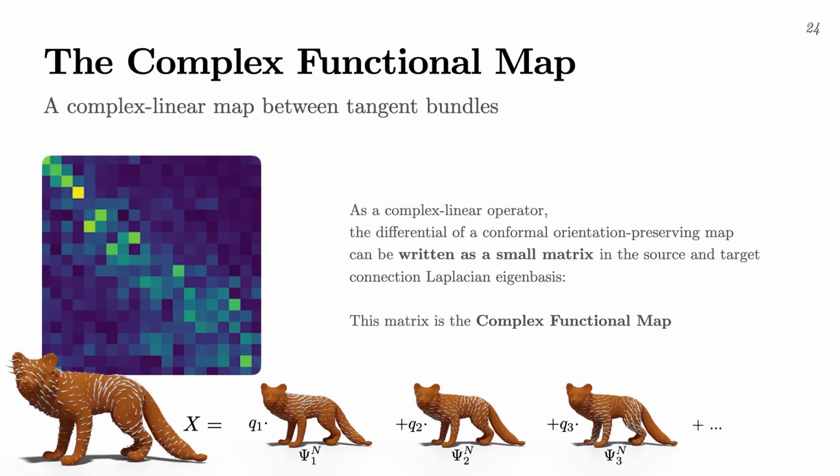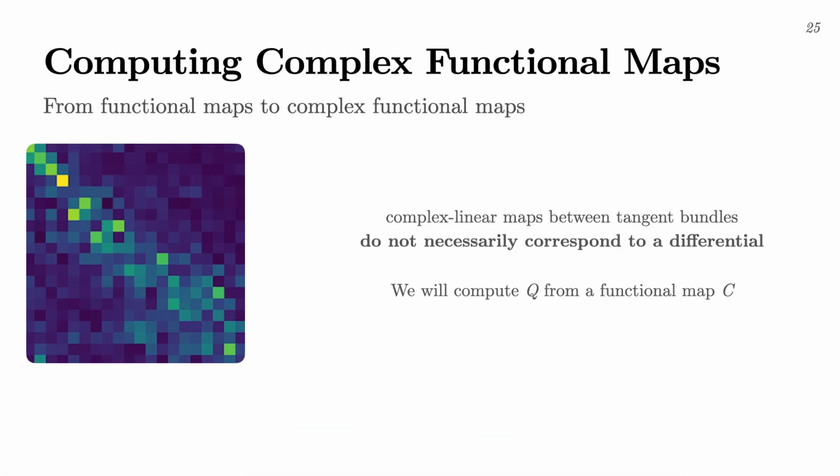Now, just like for functional maps, we can encode any conformal orientation-preserving map as a small complex matrix that we call complex functional map. For functional maps, the question remained that we needed a way to compute the functional map.